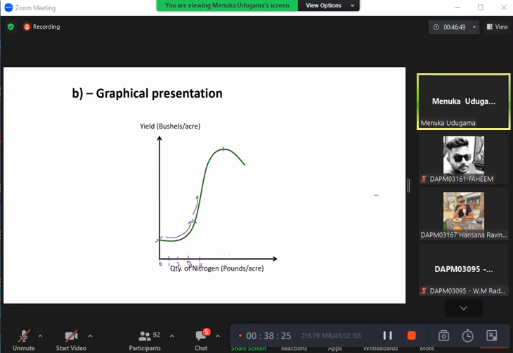Let's say now here you add the 10th unit of fertilizer, and that is when we get the maximum yield. Let's say the yield is 50 bushels. We get the maximum yield.